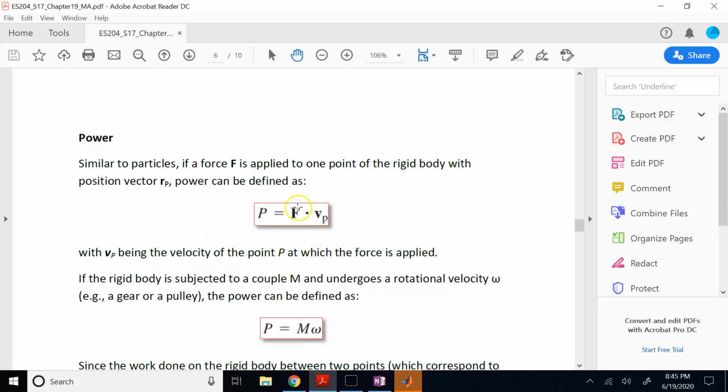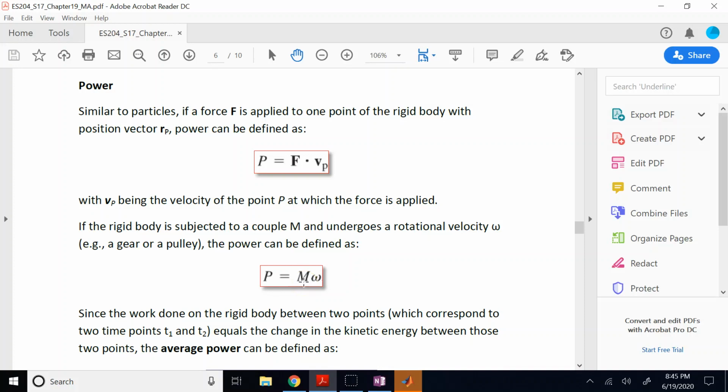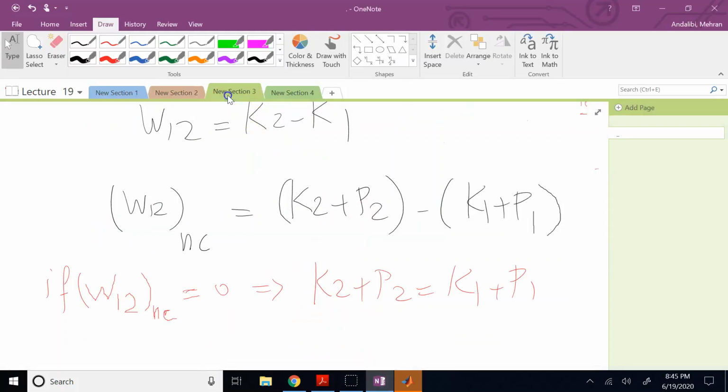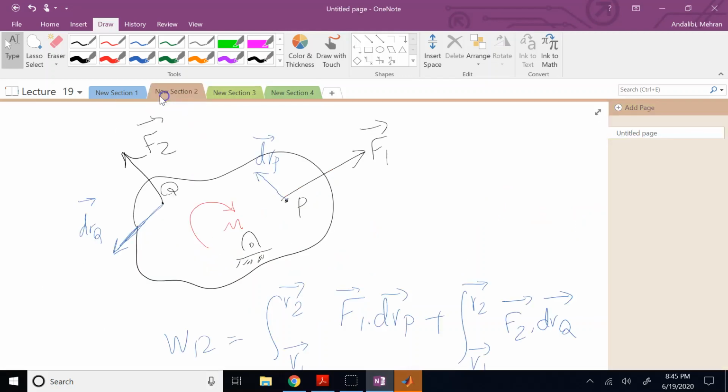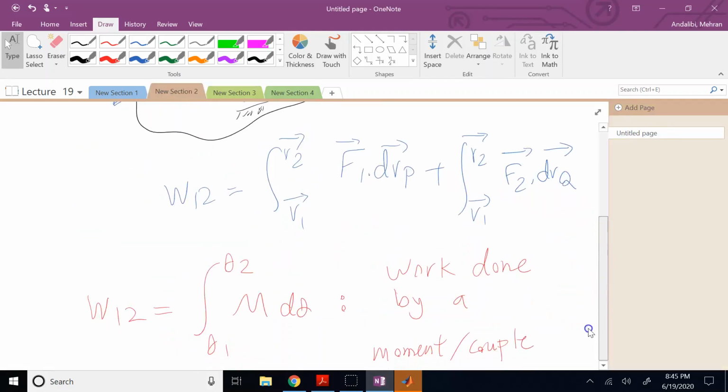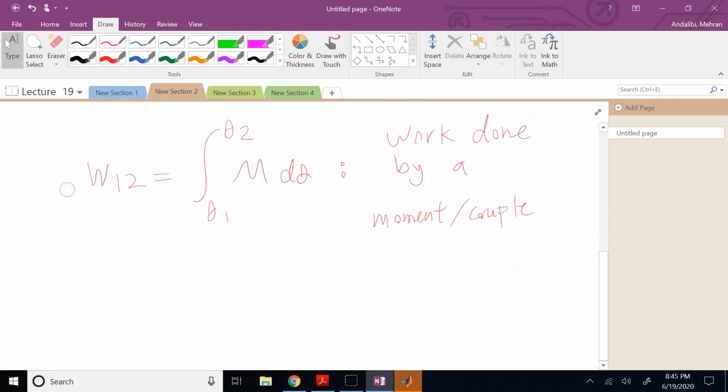Sometimes instead of a force applied to the rigid body, there is a moment or a couple M applied to the rigid body. If the rigid body rotates with angular velocity omega, then you can similarly show that power is equal to M times omega. The proof for this is by no means hard. All you need to do is go back to the definition of work when it is a moment. Work is defined as the integral of M d theta when you have a couple.